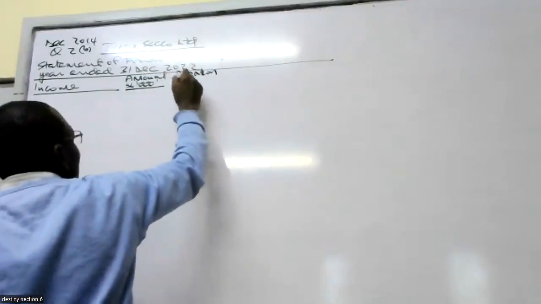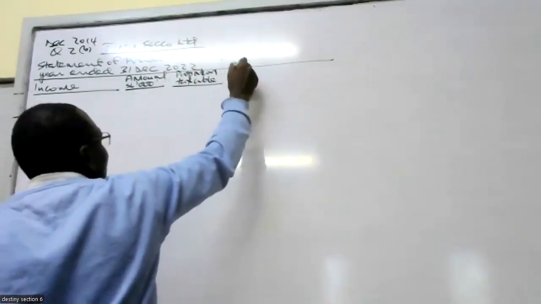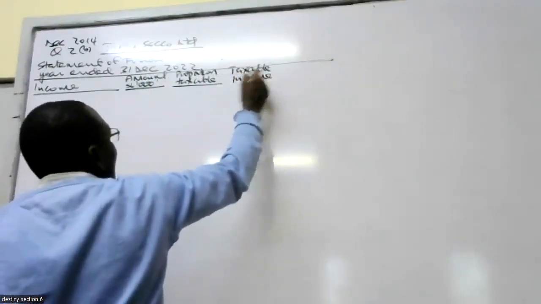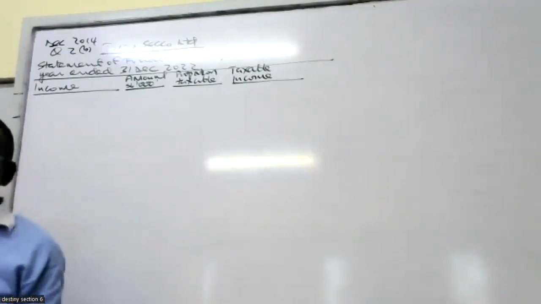So proportion taxable, and that should be able to give us the taxable. So we'll fill in those columns by looking at the income items and referring to the proportions we have discussed.